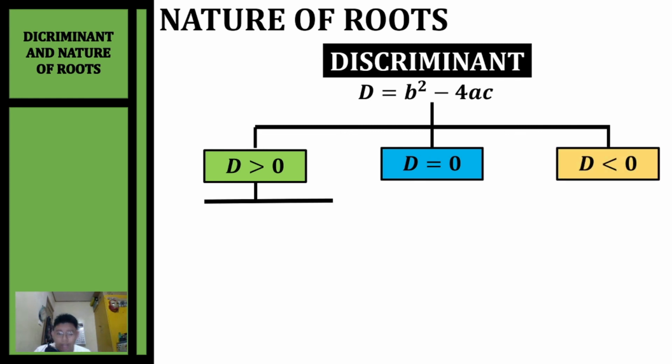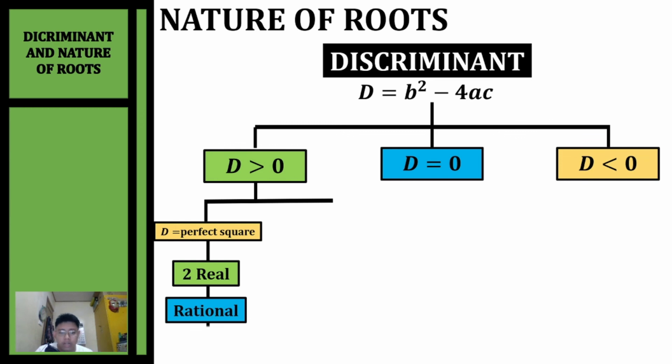If it is greater than 0, we must check if it is a perfect square. If your discriminant is a perfect square number, we can say that we have two real numbers that are rational and unequal. So we will have two different values of x that will be real and rational numbers.